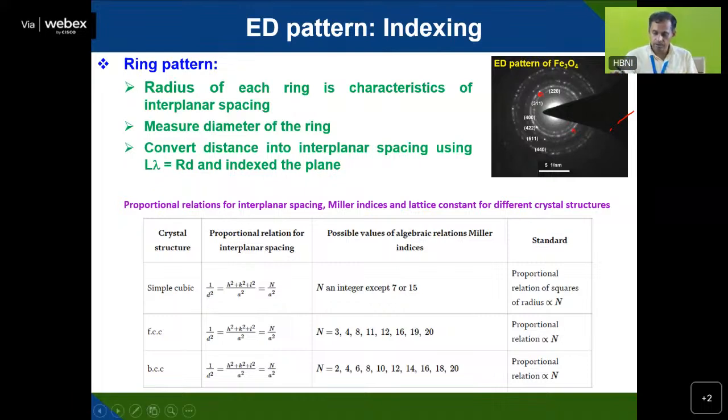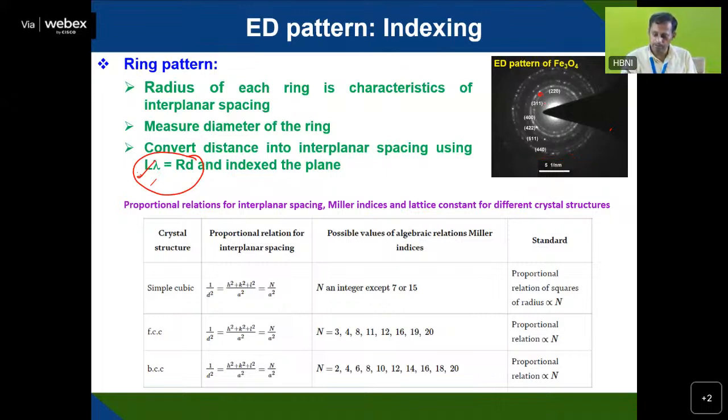But earlier you used to get the images from photographic film, where the unit is on a nanometer scale. Now the modern TEM gives units of inverse nanometer. In that case, this equation, the camera length and lambda, is taken into consideration by the instrument itself, so you need not do all those things.